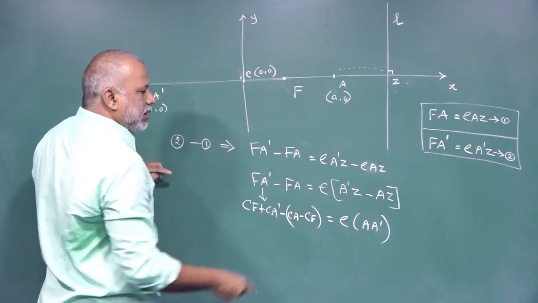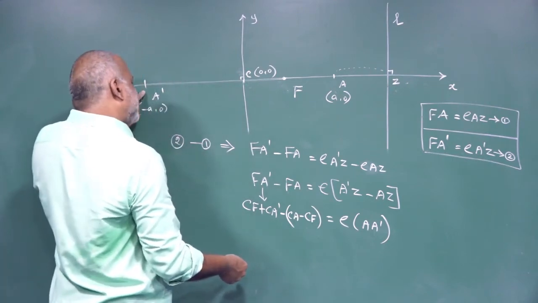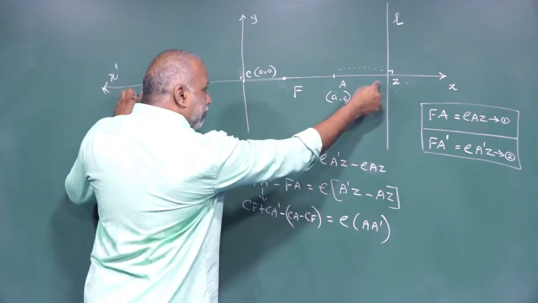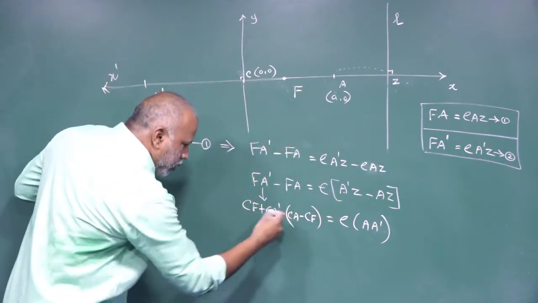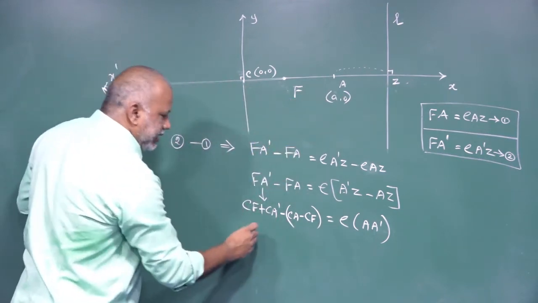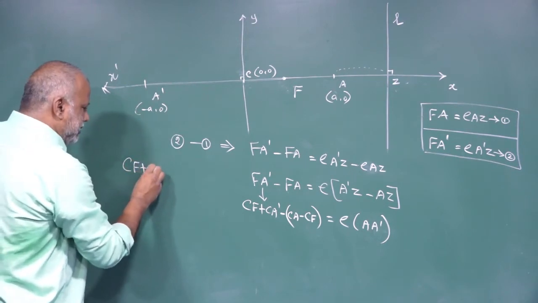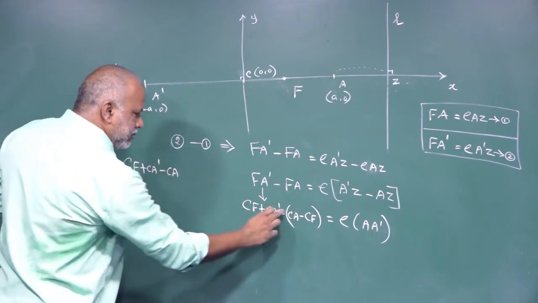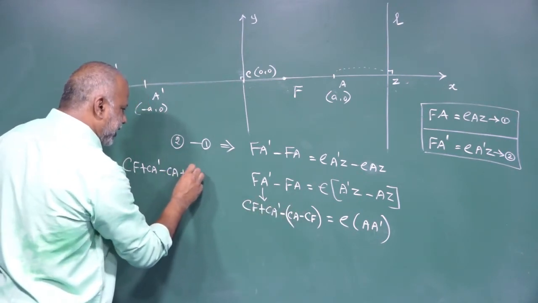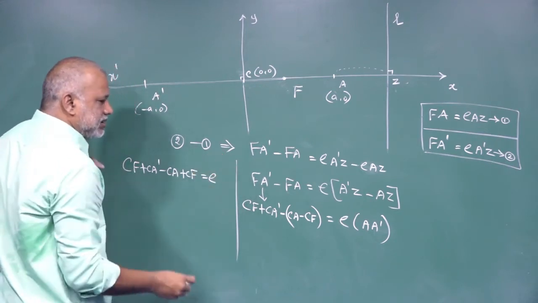Then we can get, in your RHS side, E is the common. A dash is Z. See A dash here, Z here. Minus, that means remove this AZ. I can write A dash. Now open this bracket. I can write here CF plus CA dash minus CA, minus of minus plus CF equal to, in your RHS side, E is the constant.